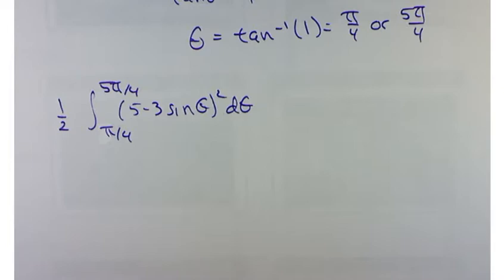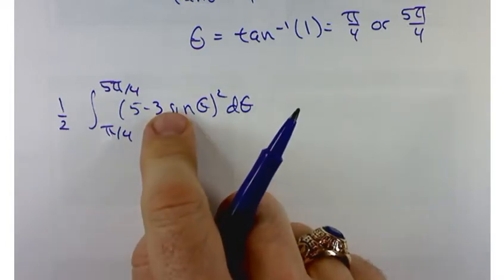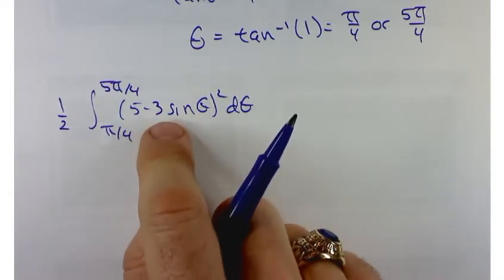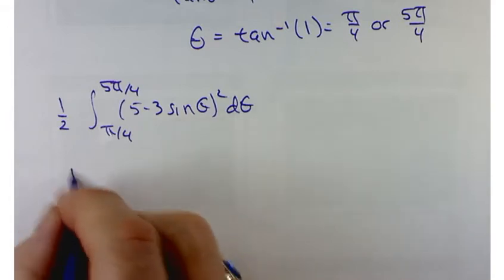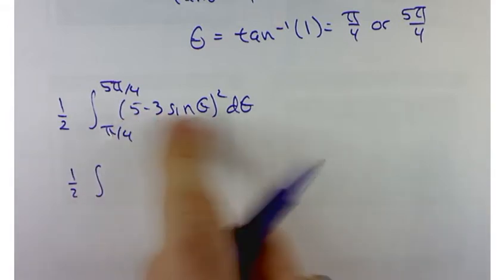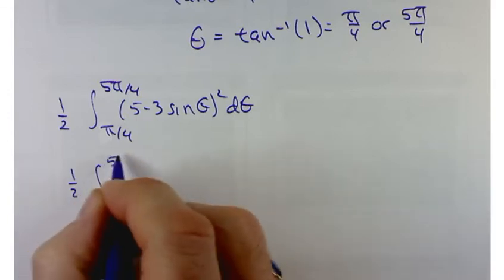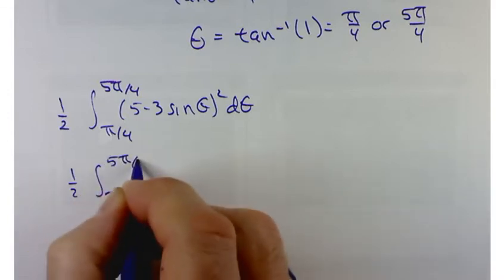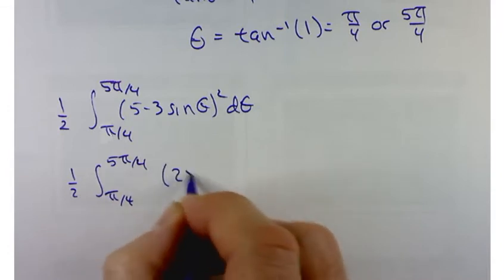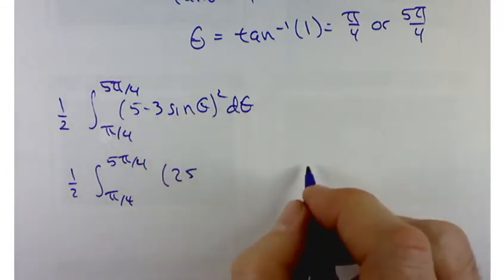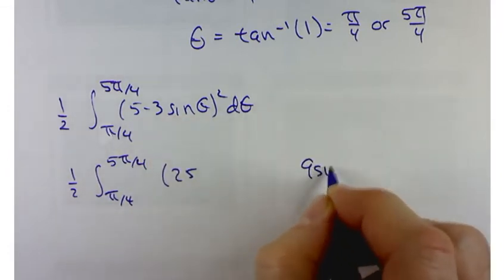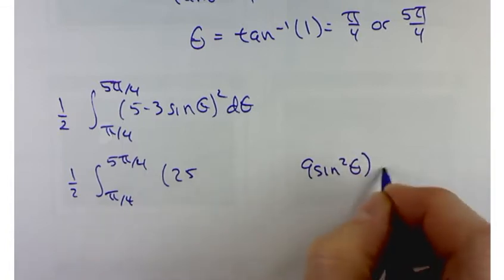When you square these things out, I hope that at this point you can square these things out in your head. The trick that I use for myself is I know the end terms are going to get squared. That's going to be pretty easy for the first one. It's going to be 25, and then over here I'm going to have 9 sine squared theta.